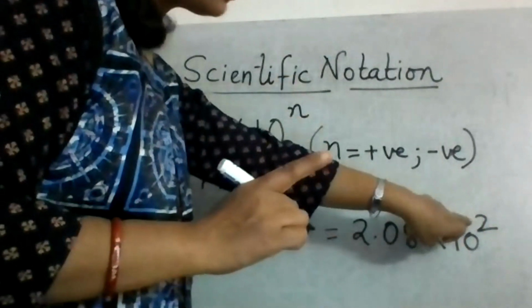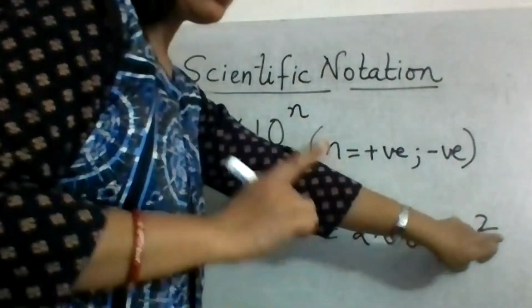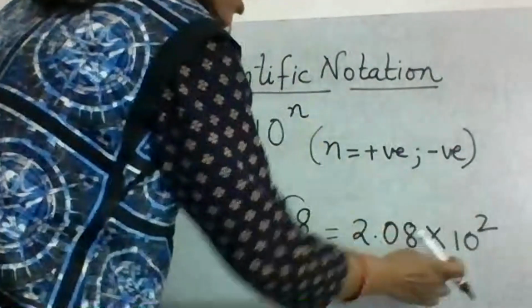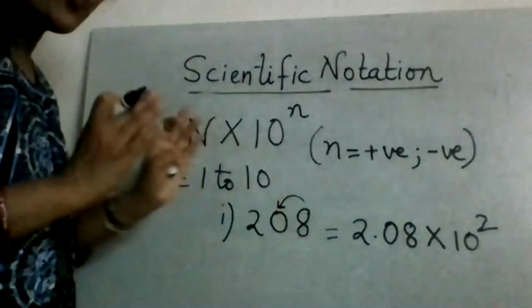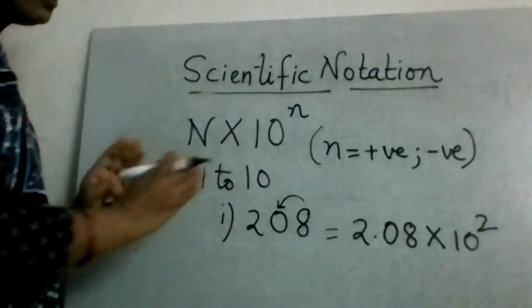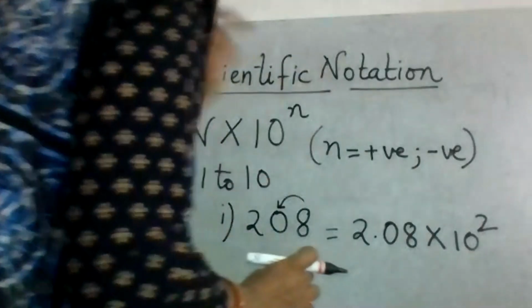It will be a positive integer. So here I wrote into 10 raised to 2. So if you move towards left, the value of n becomes positive.